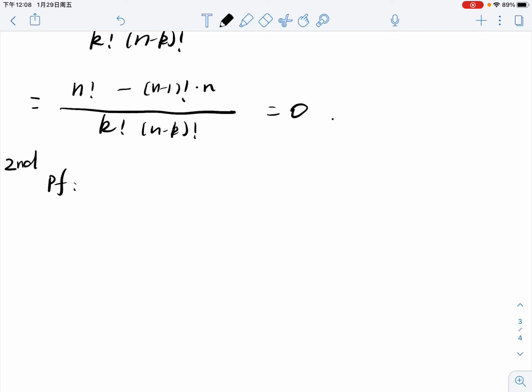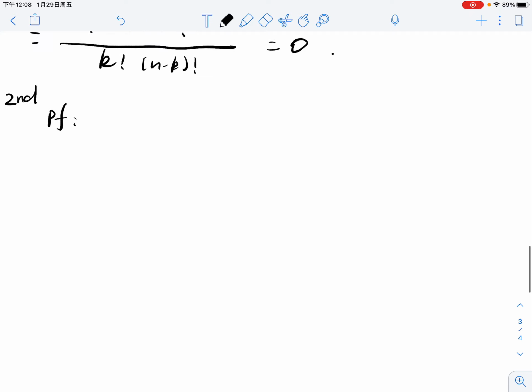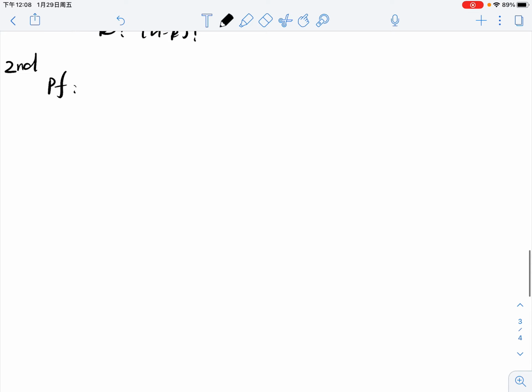Okay, now let's look at the second proof, which gives you some combinatorial interpretation of the phenomenon. So we first note that n choose k is the number of all k subsets of 1 to n.